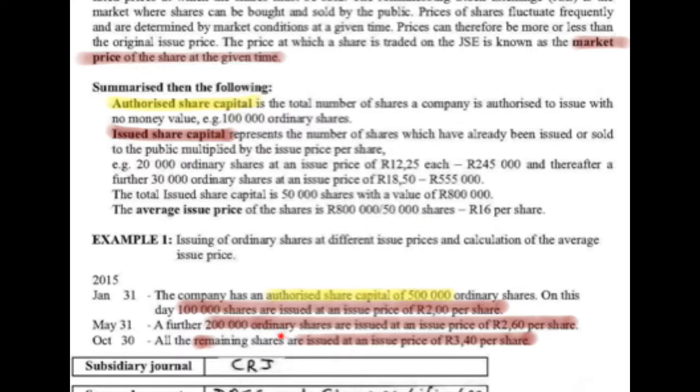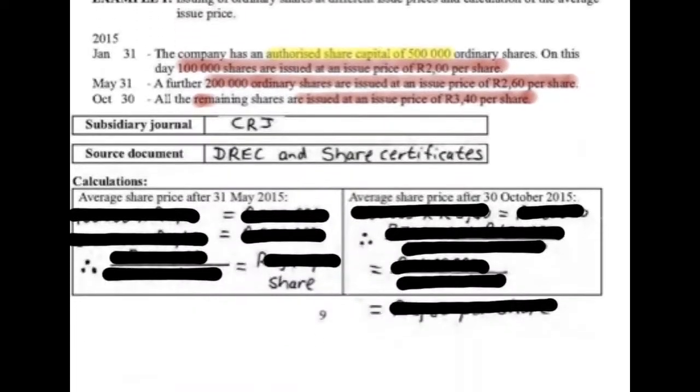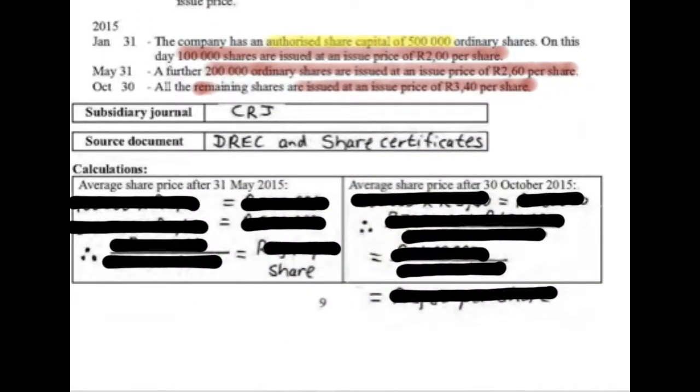So let's go and look on the 31st of May, what is our share capital amount? In other words, we issued 100,000 shares at 2 Rand. That gives us 200,000 Rand. A further 200,000 shares were issued at 2 Rand 60. So that leaves us with 100,000 at 2 Rand, 200,000.